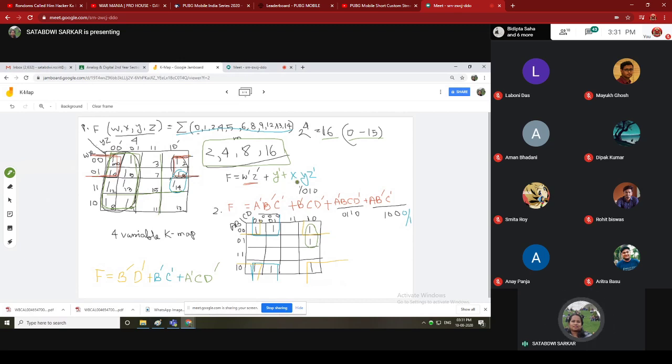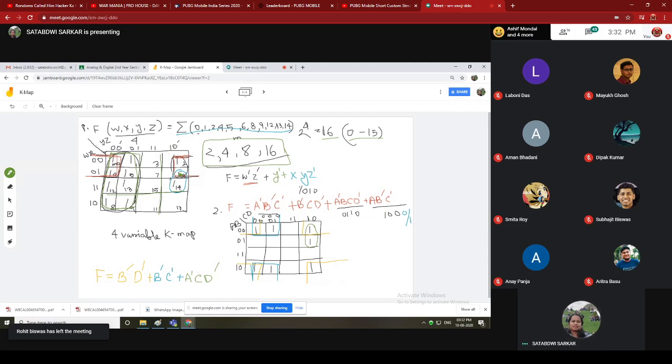Now see this term with the cyan color, that is M6 and M14. If we make a group of these 2 cells, the value of Y is the same, 1, and Z is also the same, and W is changing.